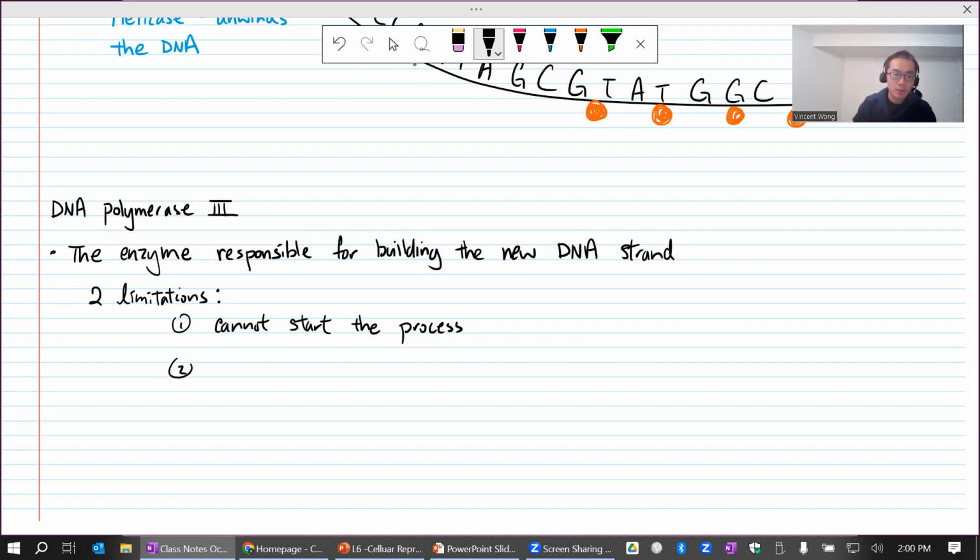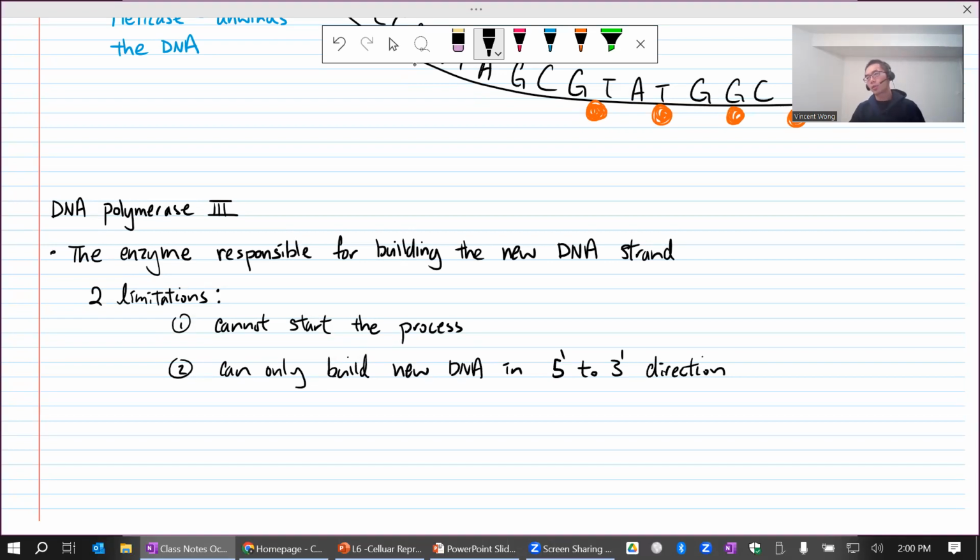And number 2, it can only build new DNA in 5' to 3' direction. Okay, so those are 2 problems for the enzyme. I'll let you copy them down first, and then I'll tell you how to solve the problem.